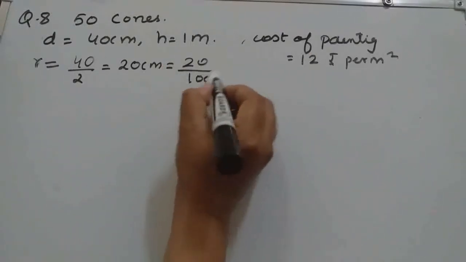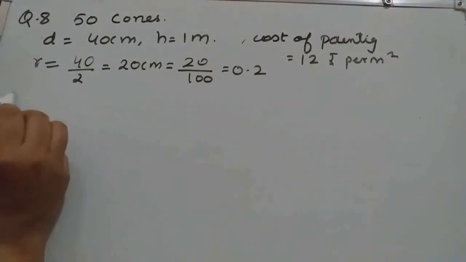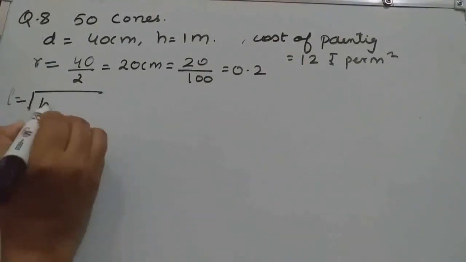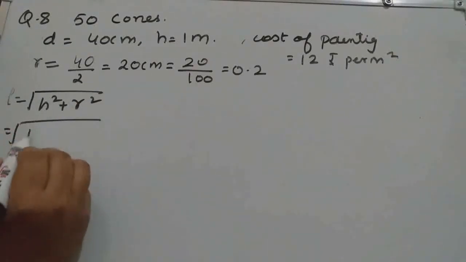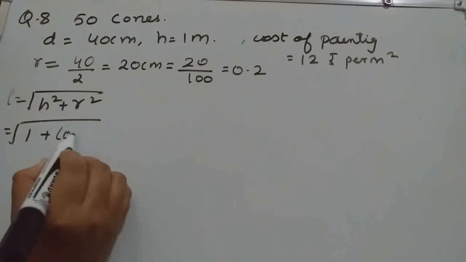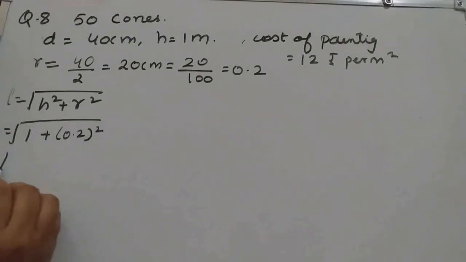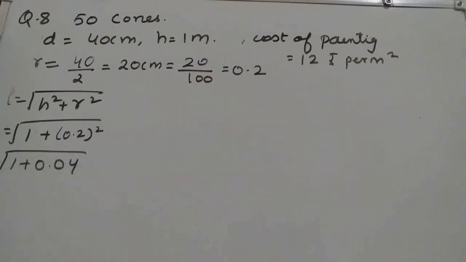So 20 by 100 will give 0.2. So L will be the square root of h square plus r square. So h square means 1 square, that will be 1 only. R means 0.2 square, and 0.2 square means 0.04. So 1.04. In the question, the value of this is also given as 1.02.